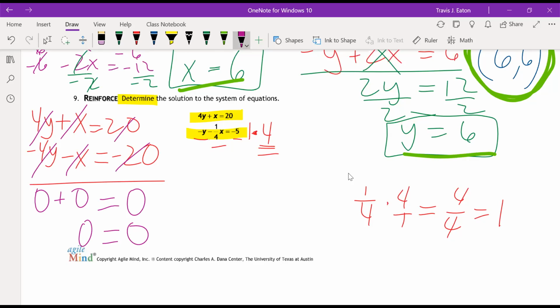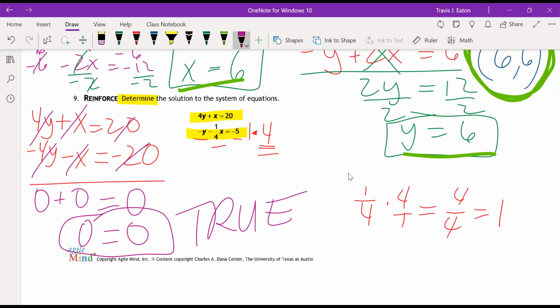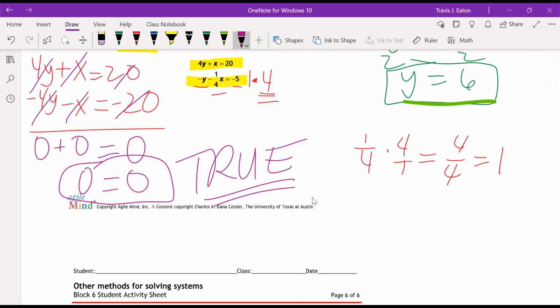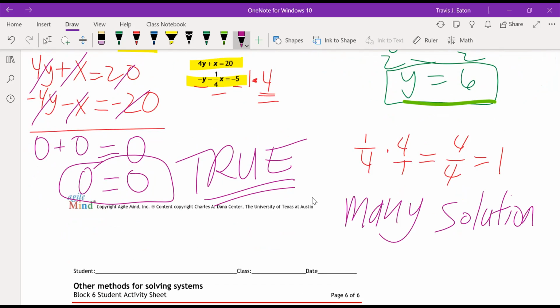It absolutely is. That is true 100% of the time. So because it's a true statement, there will be many solutions, an infinite number of solutions. Lots and lots of them.